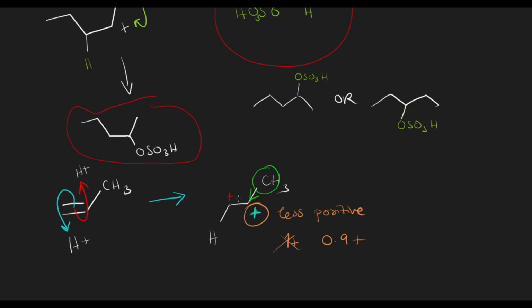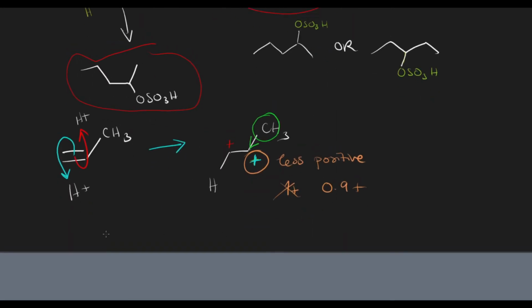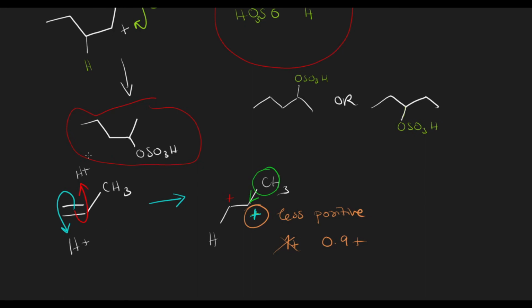The only one that's available is the one on this side, from this direction, and that's exactly the same on the blue side. You could donate either way along this bond. So on the blue positive charge, I have 2 carbons donating, and on the red positive charge, I only have 1. That means the route with the turquoise arrow is more likely to happen because the intermediate carbocation, or positively charged carbon molecule, is more stable.